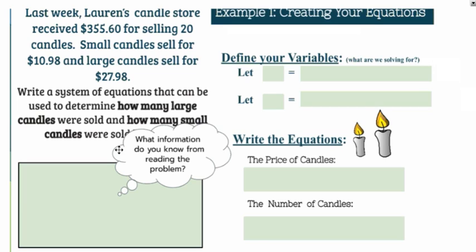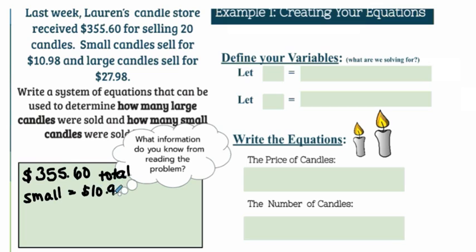So over here in the corner, we're just going to jot down some information that we know. We know that $355.60 is our total, the total amount that we made. And we know that small candles are $10.98.